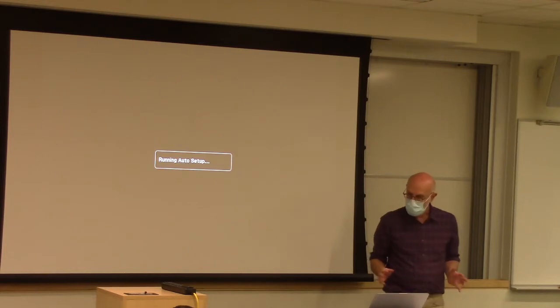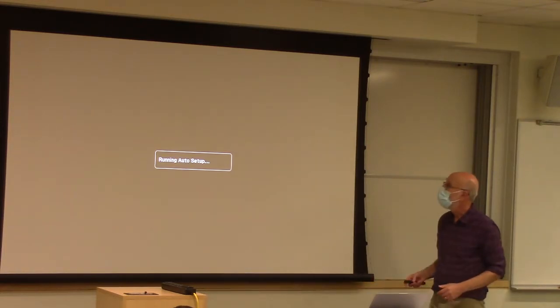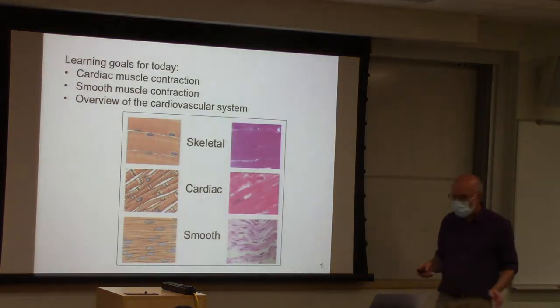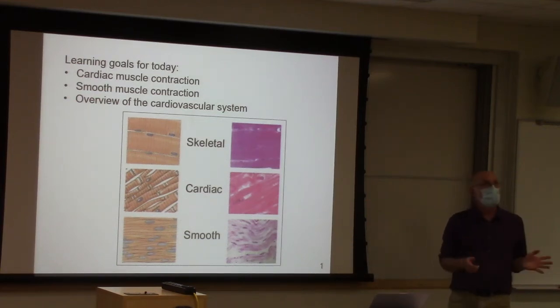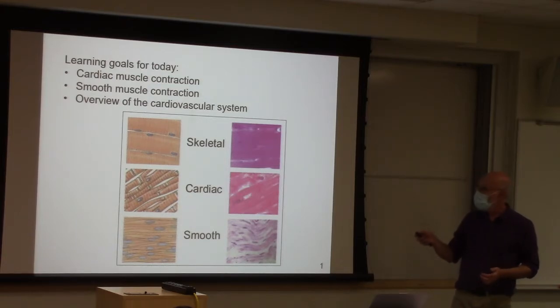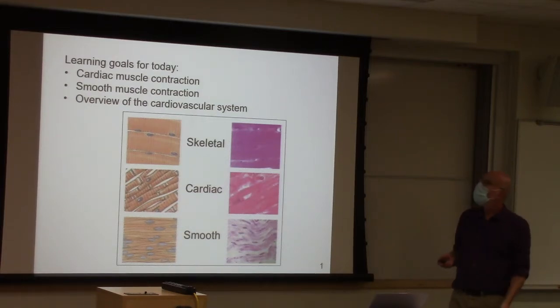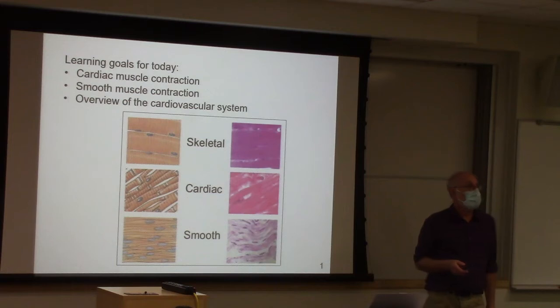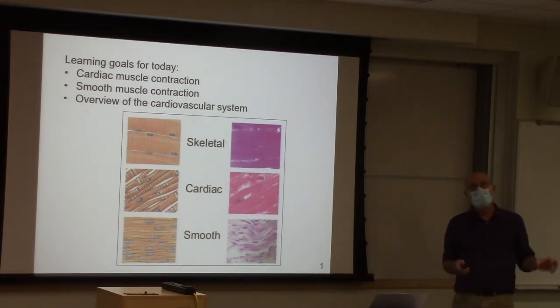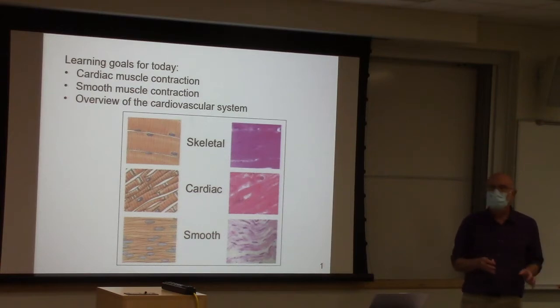Okay, so what we're talking about today is a transition from cell biology into the cardiovascular system. We are going to use your knowledge from cell biology or from AMP1 about muscle contraction and apply that information to heart muscle contraction, which is a little different.